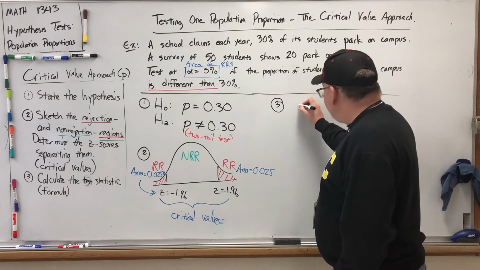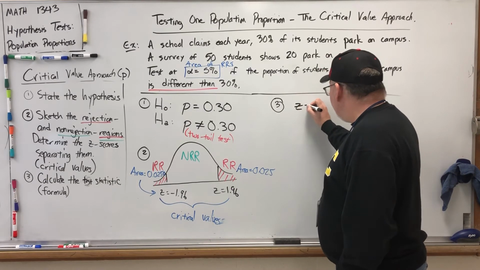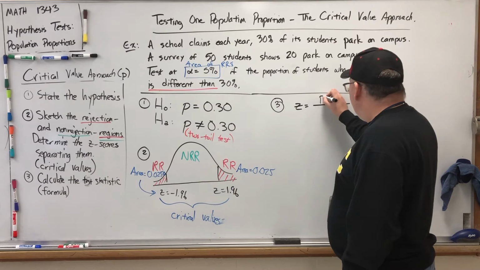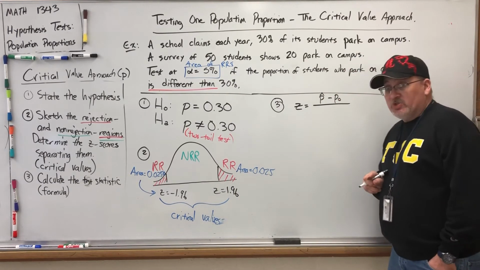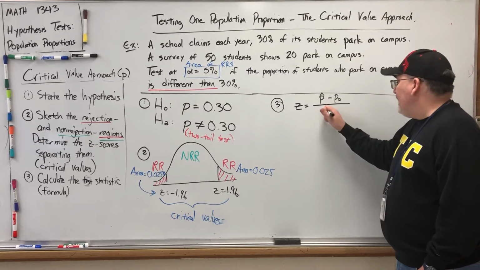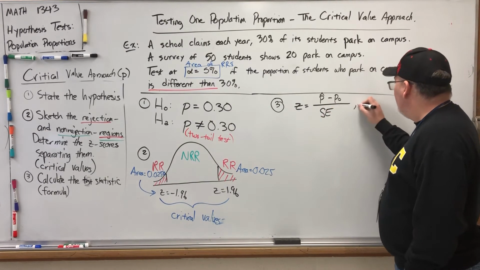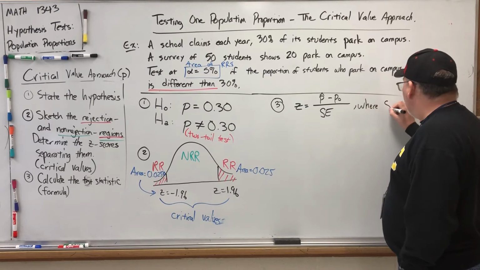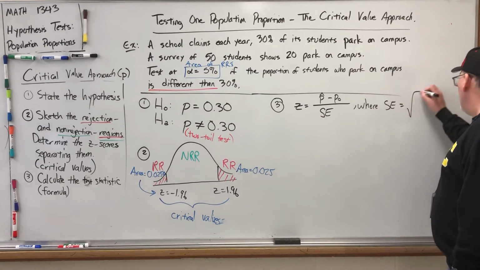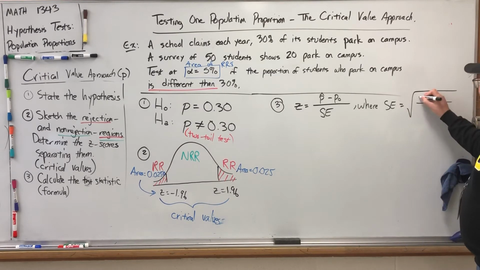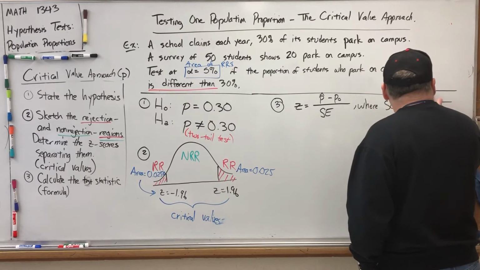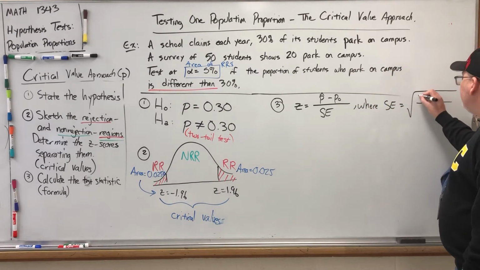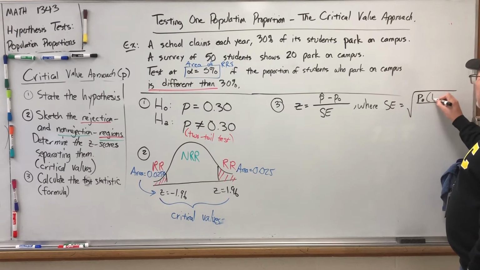The formula for the test statistic is z is equal to p hat minus p naught, a p subscripted with a 0, I'll elaborate in a moment, divided by the standard error, where the standard error is the square root of a fraction. The numerator is p naught, p subscripted with a 0, times 1 minus p naught, all over n, the sample size.